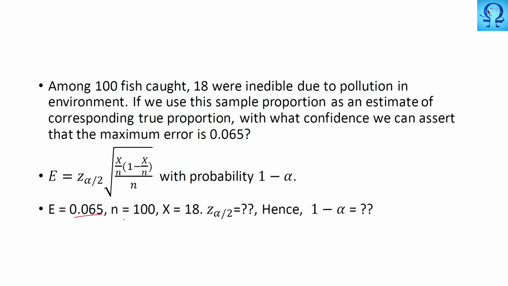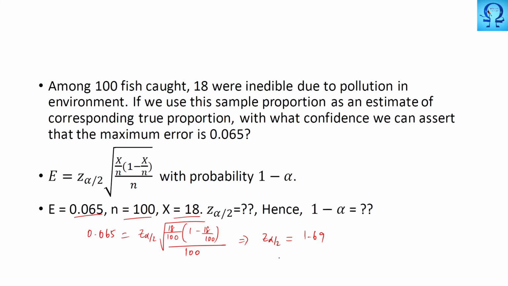E is known, n is known, x is known, right? So E is z alpha upon 2 multiplied with the square root of that quantity. If we substitute all these things, it is 0.065 equals z alpha upon 2 multiplied with the square root of 18 upon 100 times 1 minus 18 upon 100, whole divided by 100. If you simplify, you would get z alpha upon 2 is 1.69.